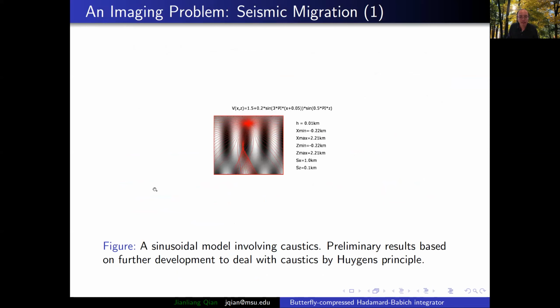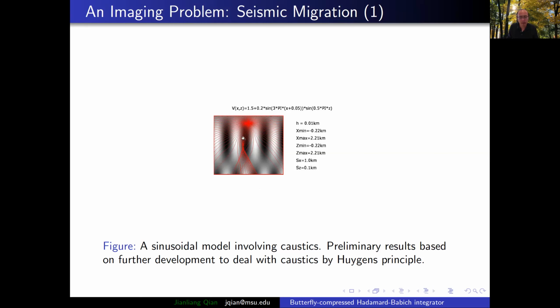That's imaging, with a sinusoidal model. In this case, because it's an imaging problem, we have to deal with caustics. So here we use the Huygens principle plus our Hadamard-Babich ansatz computed quantities to carry out the imaging.